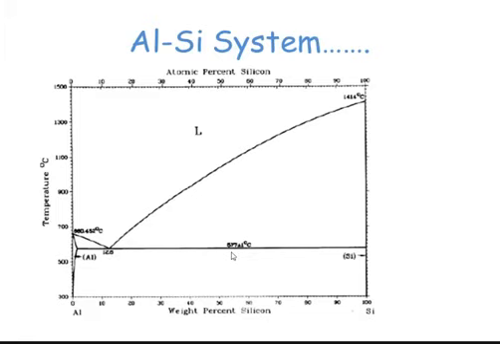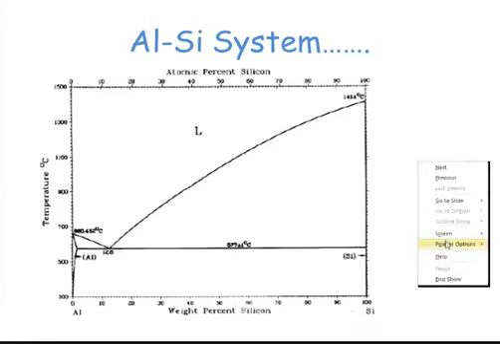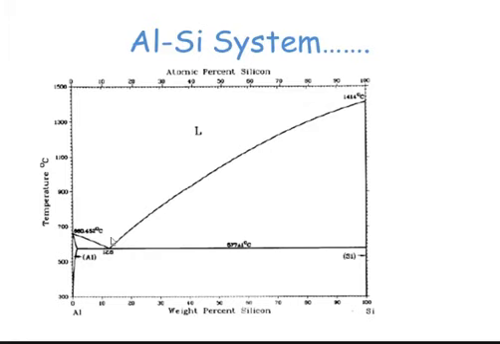So this is a eutectic diagram, and around 12.5% silicon is the eutectic composition. This is the eutectic composition, and this is the eutectic temperature. So this point is eutectic.